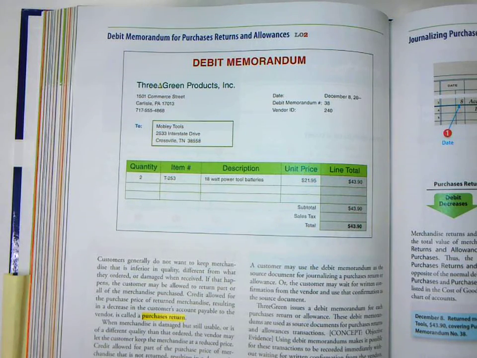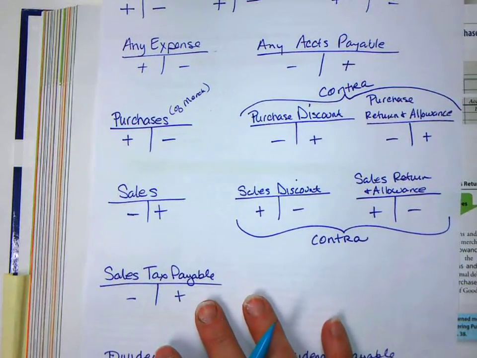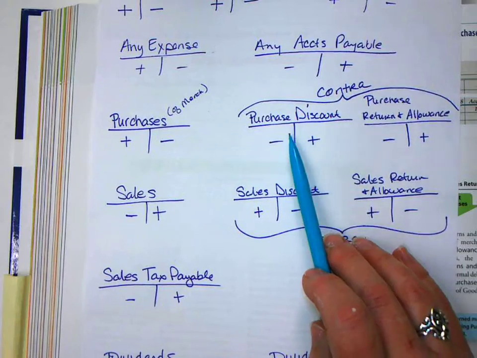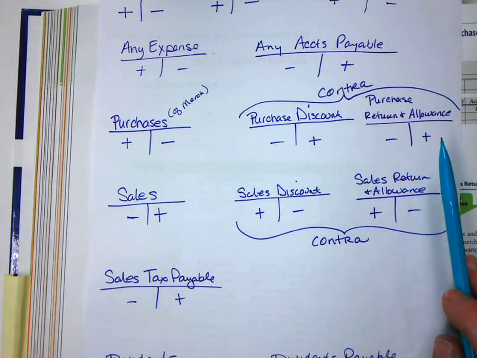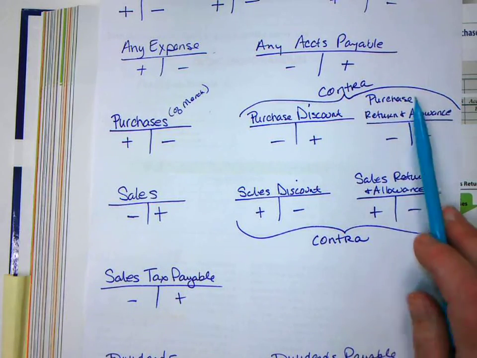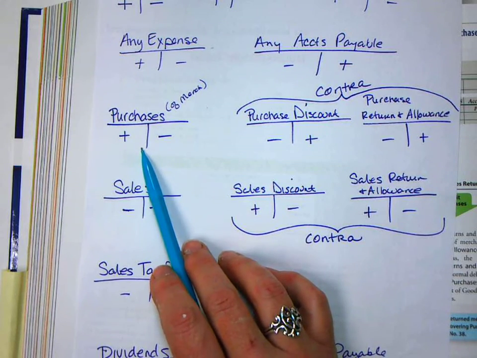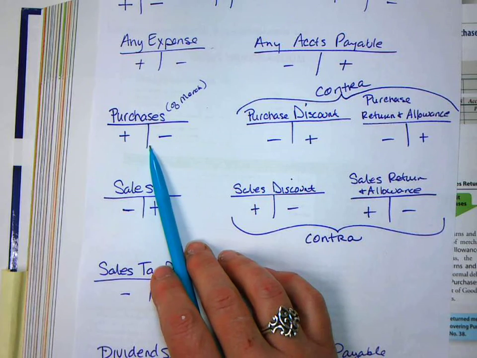Okay, and we actually took a quick look at this when we did this tease here. We made a purchase, and then I showed you that there were 2 contra accounts, a discount and a return and allowance. So this is the one that we're going to be looking at. We're not going to ever reverse a purchase here unless it was a mistake on accounts or something like that.